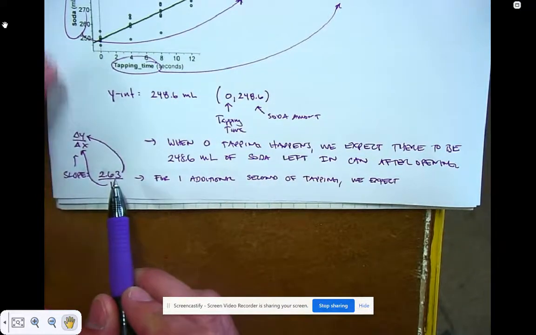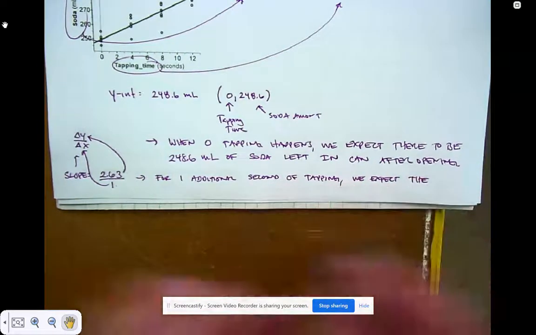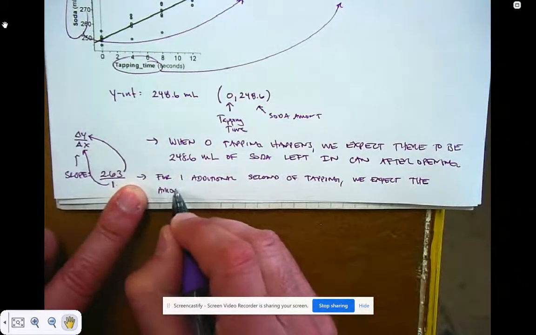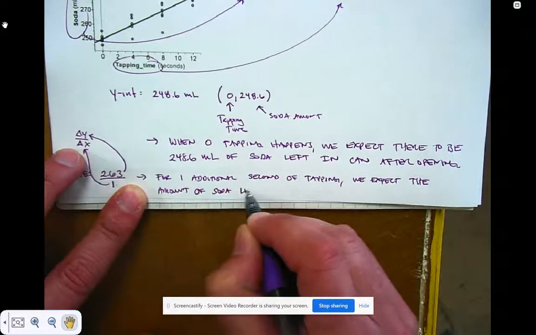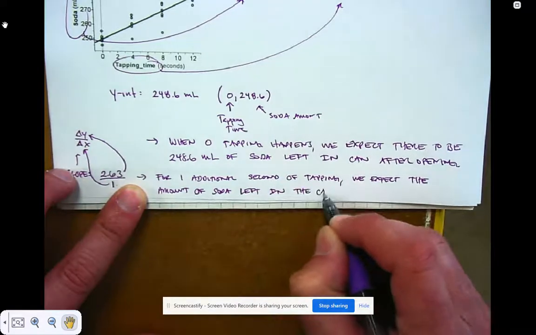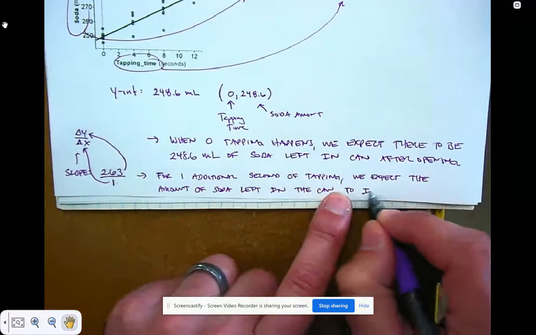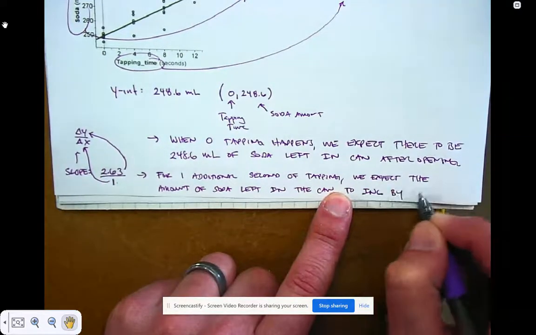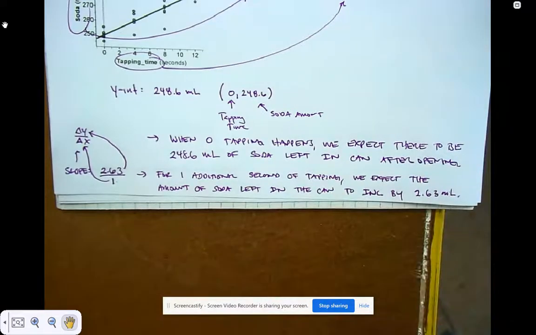What's y? Y is soda amount. So we expect the amount of soda left in the can to go up, right? Increase by 2.63 milliliters.